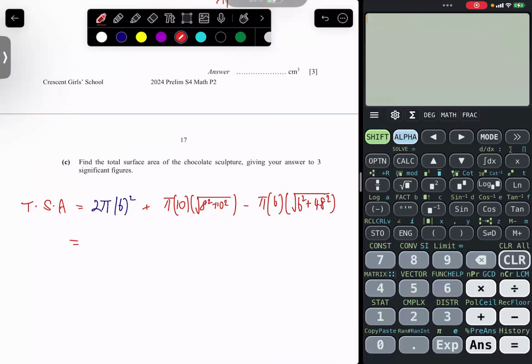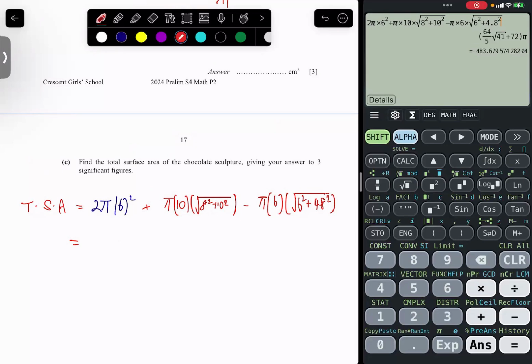So I will have 2 pi 6 squared plus pi 10 square root of 8 squared plus 10 squared minus pi 6 square root of 6 squared plus 4.8 squared.